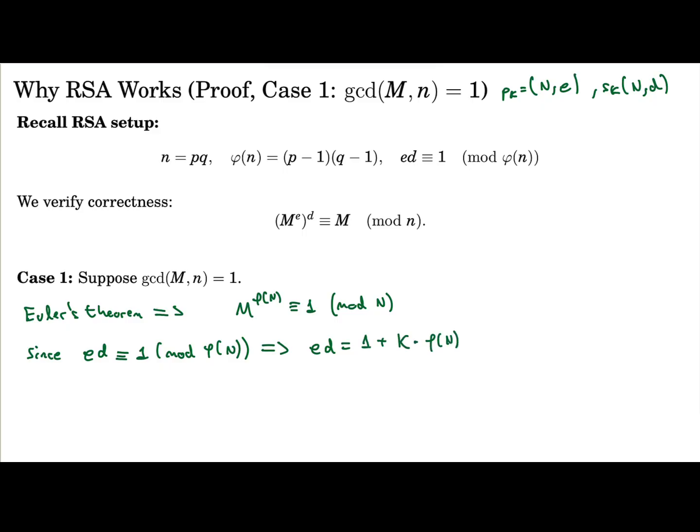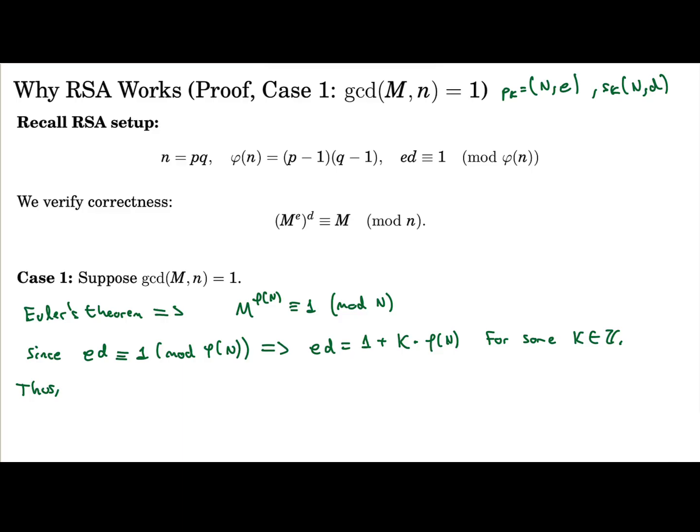So if you divide ED by phi of n, it's going to be k times phi n plus 1, because this is the remainder that you get when you divide by phi n. Okay, so this is for some integer k, right?